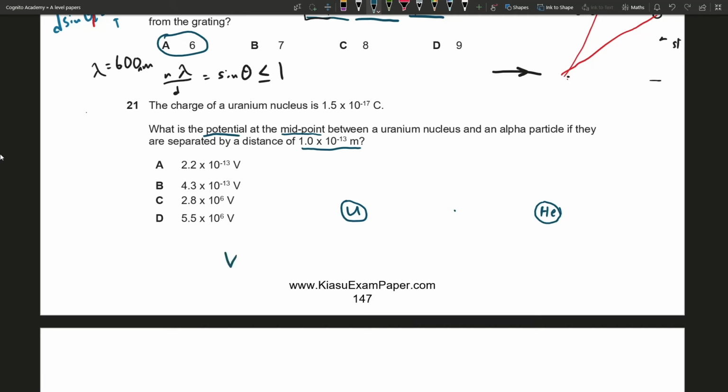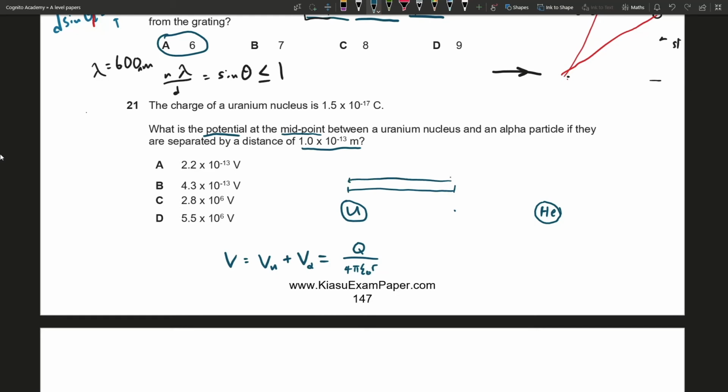And that potential is just the potential at that point from the uranium nucleus plus the potential from the alpha particle. And remember that the potential from a point charge is given by Q, which is the charge, divided by 4 pi epsilon naught, which is given in the formula sheet, times r, where r is the distance between our point charge and the point at which we are finding the potential.